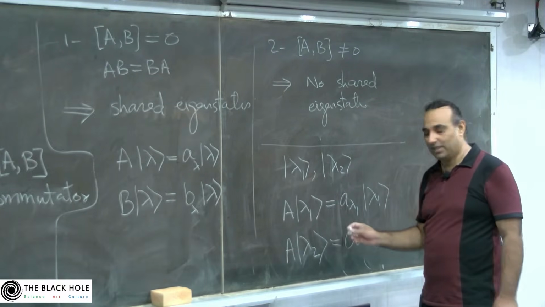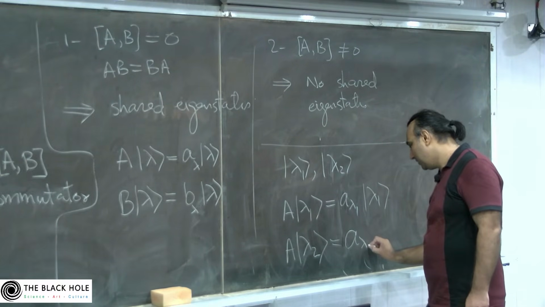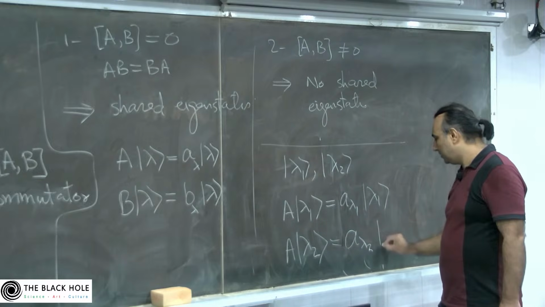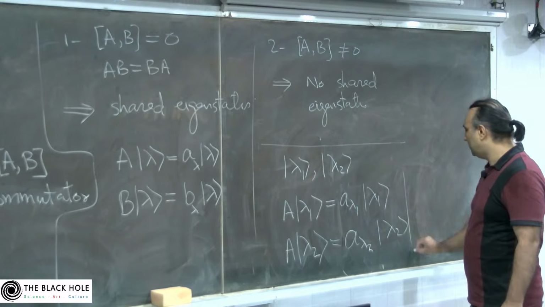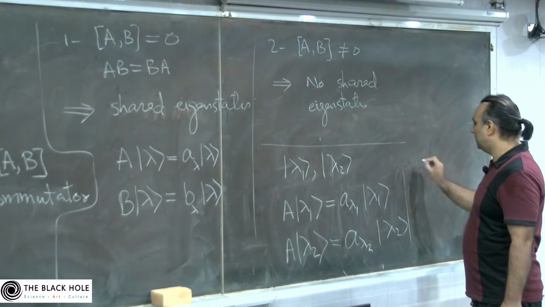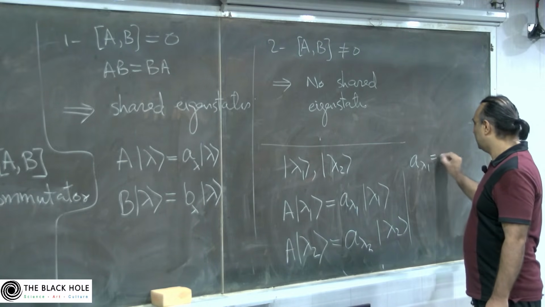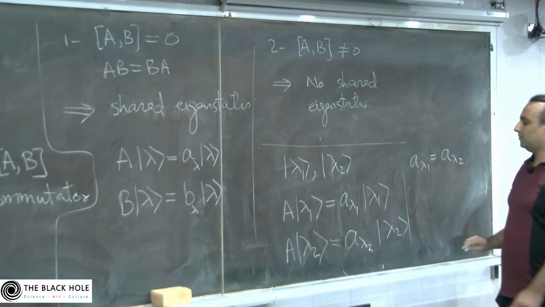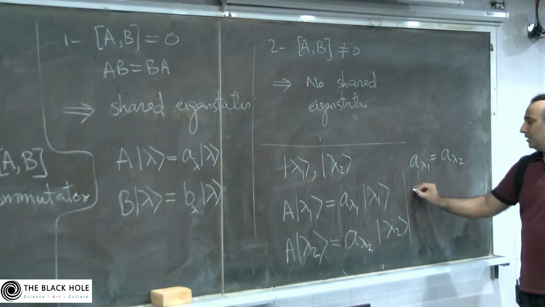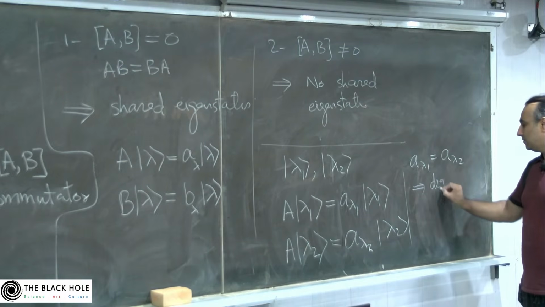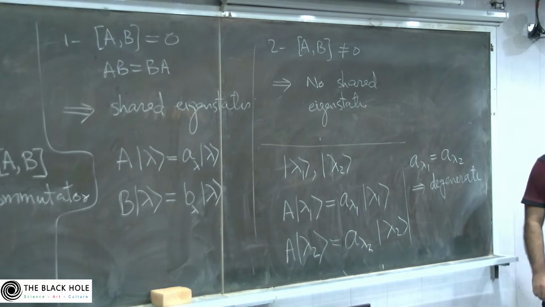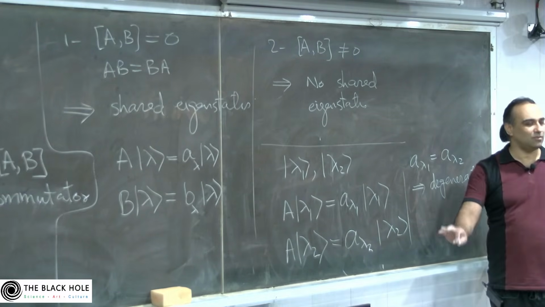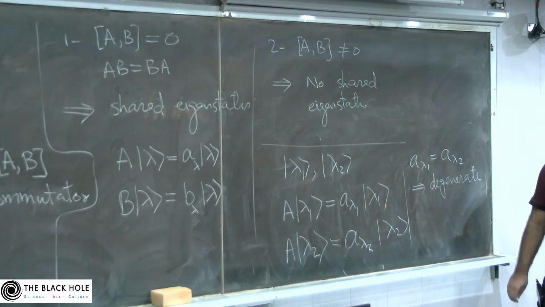this is the situation that we often see in quantum mechanics. And this A lambda 1 is equal to A lambda 2, that is, they are degenerate. In general, there can be more than two, but let's assume there are just two states that are degenerate.